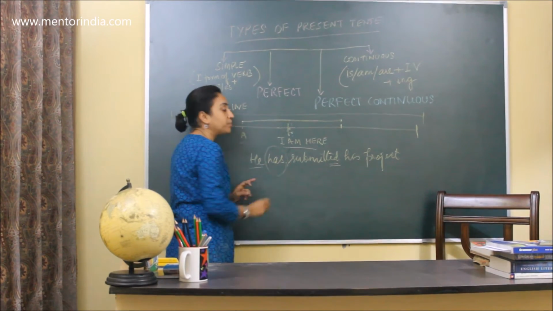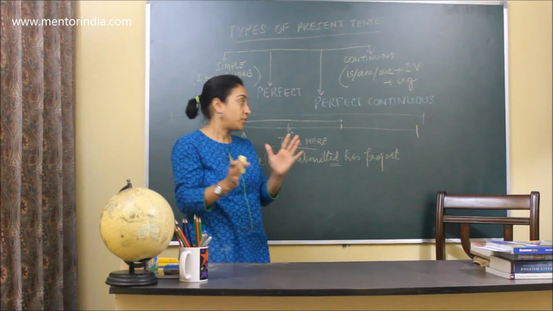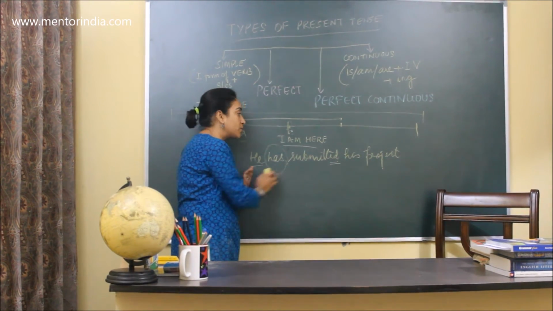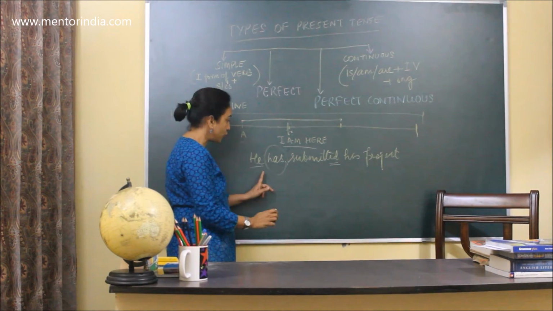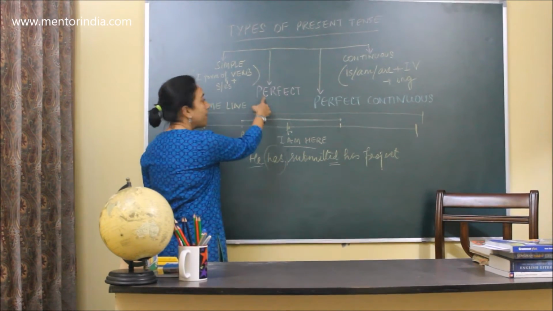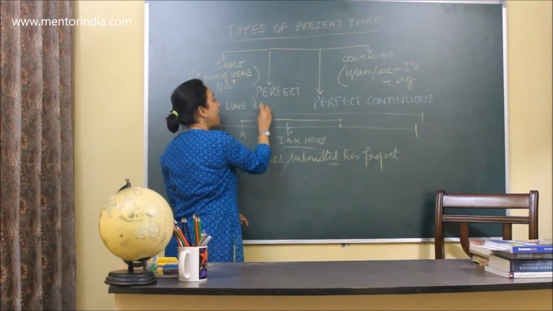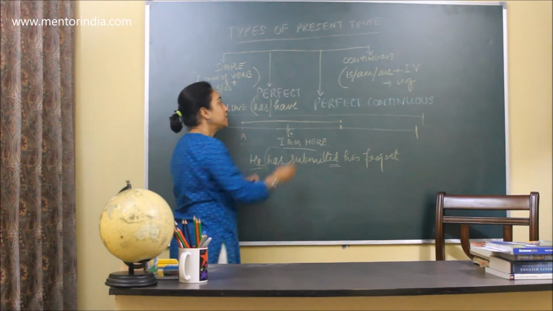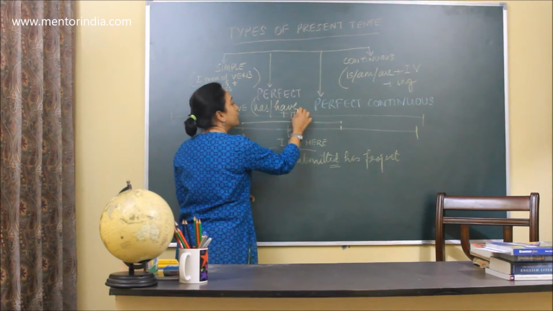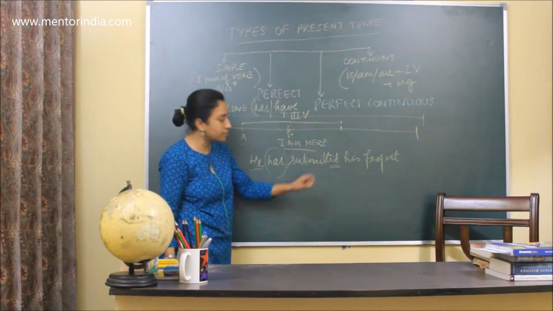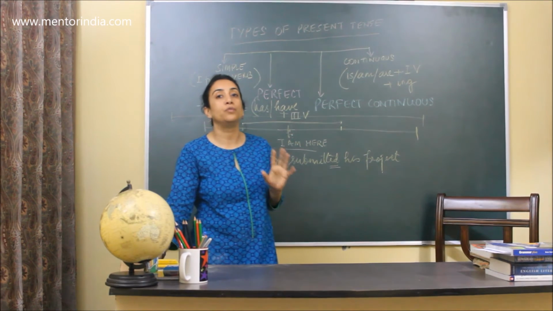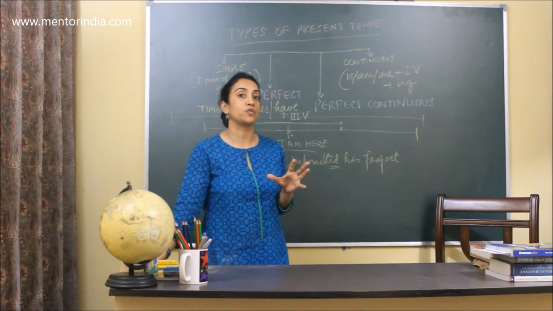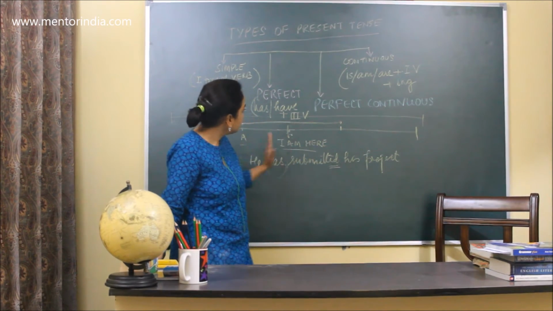Now has is something which will tell us that we're still talking about the present, but the work that we are talking about is over now. So he has submitted. What happens in perfect is we use has or have according to the subject of the sentence with the third form of the verb. So here submitted is the third form of the verb to suggest that the work or the action that we are talking about is over.